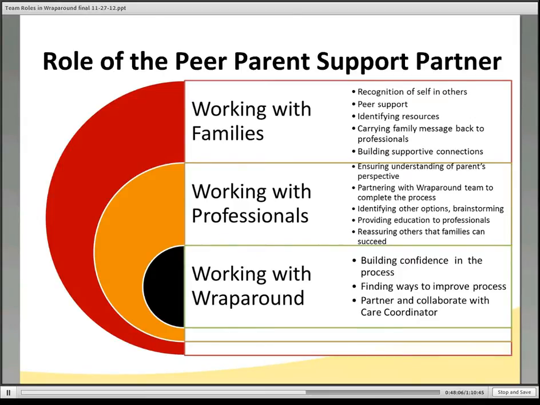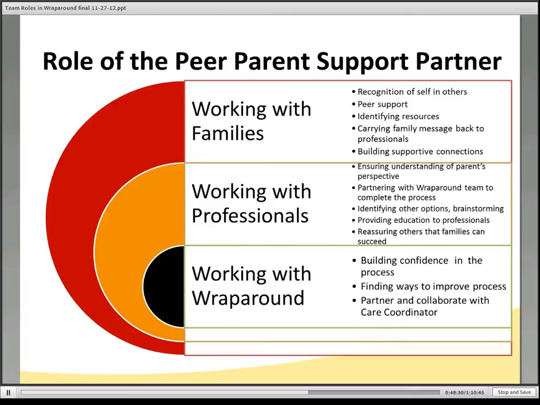In working within Wraparound, they are parent support partners first, but they are also part of a Wraparound team. And so they're there to build confidence in the process of Wraparound, helping support their care coordinators and conveying that confidence in the process.